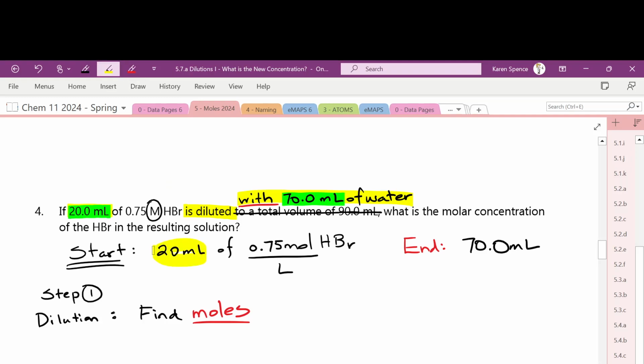You have a volume and a molarity. What should we do with our 20 milliliters? We should convert it. How many places do you need to move your decimal place? 1, 2, 3. So that's going to be 0.020 liters.